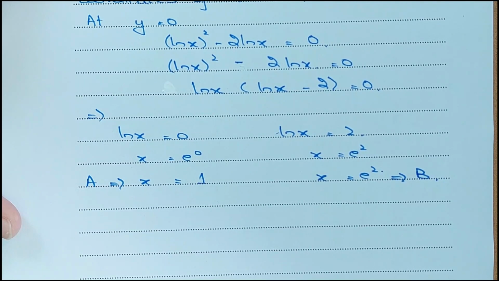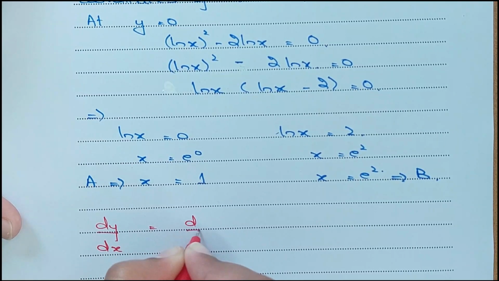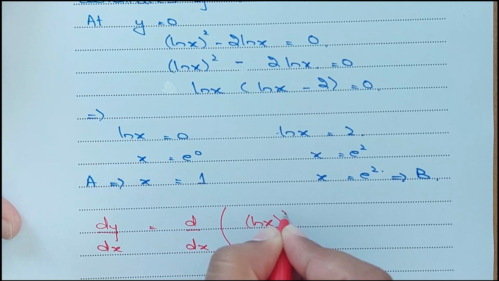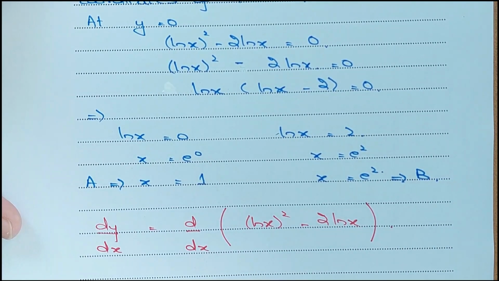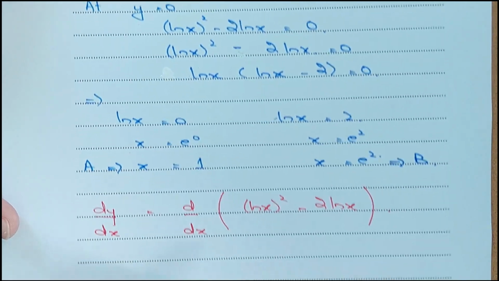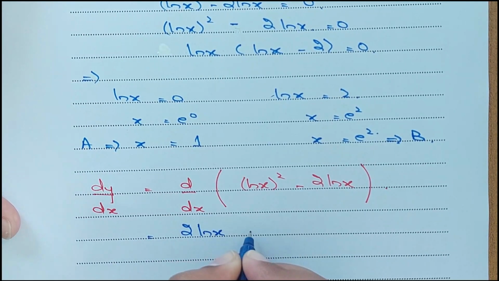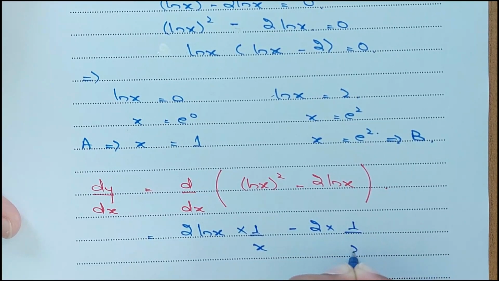For the gradient we have to do dy over dx, which is d by dx of (ln x) squared minus 2 ln x. So we use the power rule first, which gives 2 ln x, and the derivative of ln x is 1 over x, minus 2 times 1 over x.